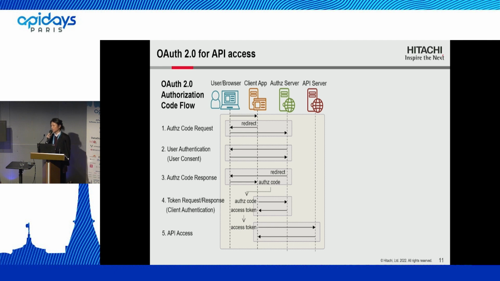In this use case, there are several kinds of security problems that may arise. So I would like to pick up 3 of them and also describe how to resolve these problems by applying FAPI security profiles.